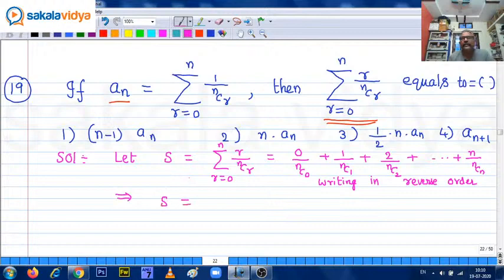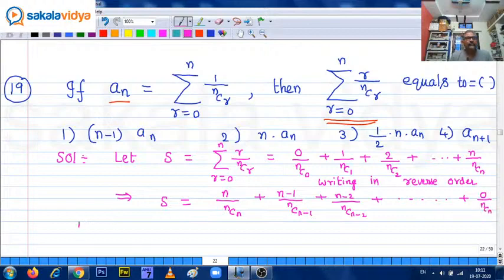So it is n upon nCn, plus, before that we have n minus 1 upon nC n minus 1, plus n minus 2 upon nC n minus 2, and so on, plus 0 upon nCn.